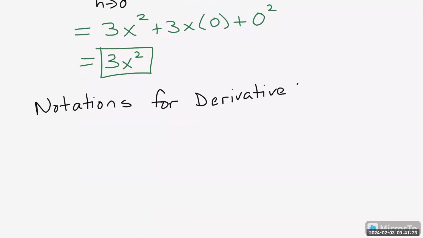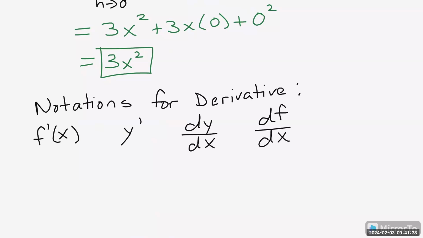When you see this, it means derivative. This also means derivative. This also means derivative. This also means derivative. And this also means derivative. All of these mean derivative of your function. The way that you read these: the first one, you read f prime of x.